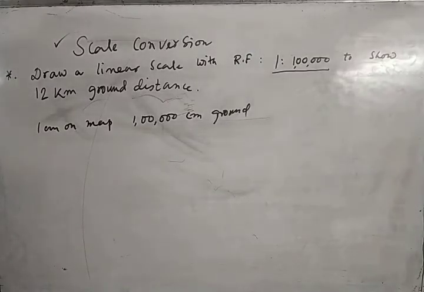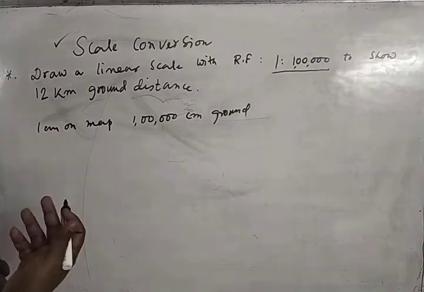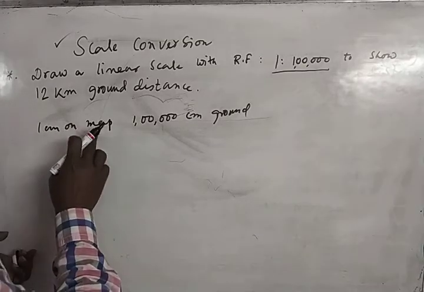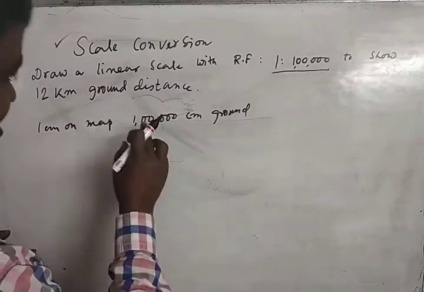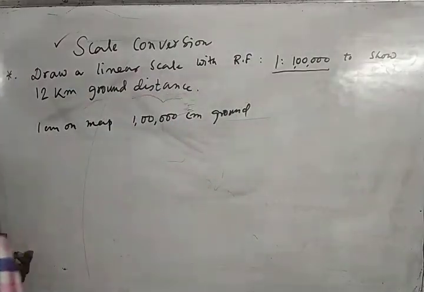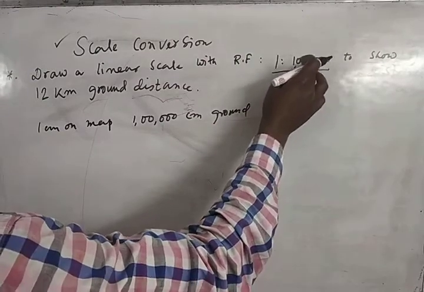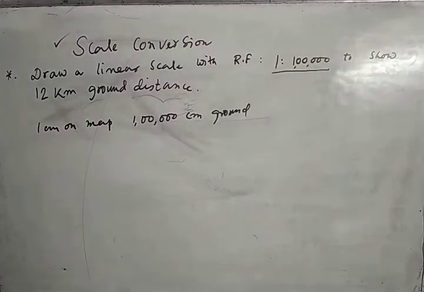Because 1 meter is difficult to draw on a map, 1 centimeter is more convenient than 1 meter. That is why the 1 centimeter expression is better. 1 centimeter on map equals 1 lakh centimeter on ground.